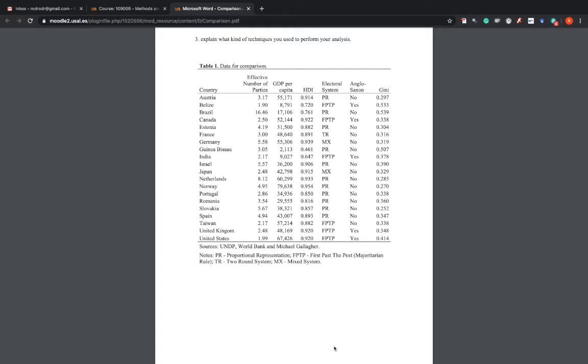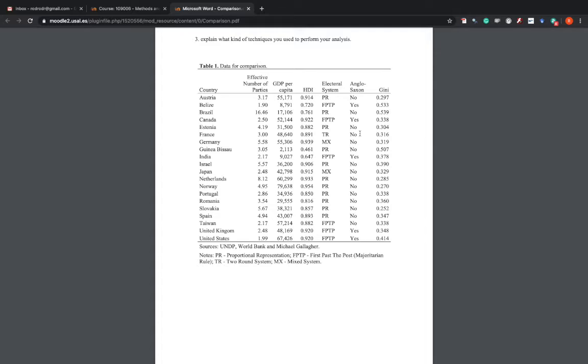We are not sure about their relationship to what we are trying to explain. So the idea of this exercise was to teach you how to find the effective cause for one particular phenomenon. In this case, the influence of the electoral system on the effective number of parties.